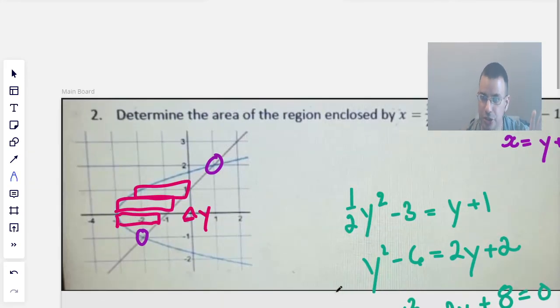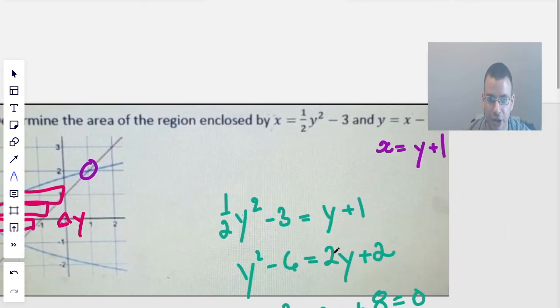So there's two ways we could do this, kind of back up, big idea here. We can integrate in the y direction, or we can integrate in the x direction. If we integrate in the y direction, we need to solve for y, which I did right here.